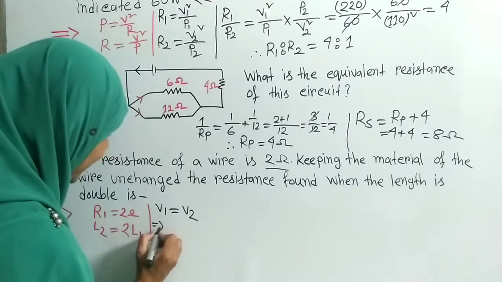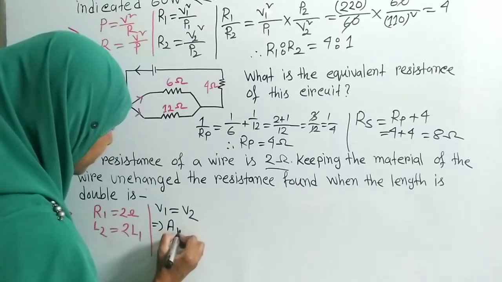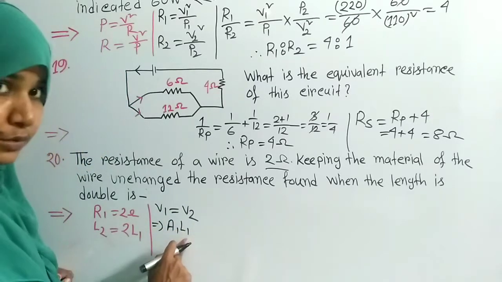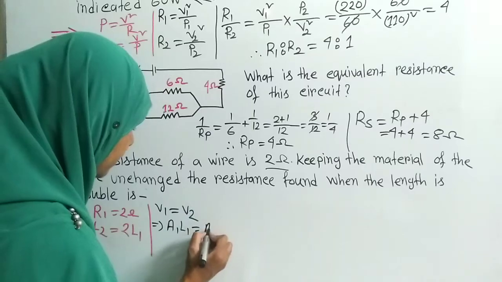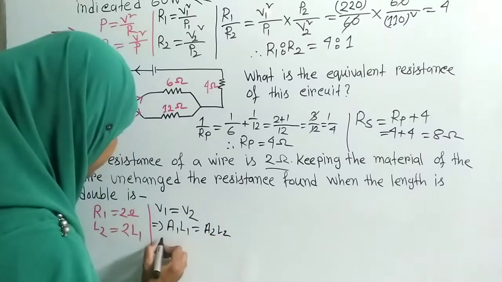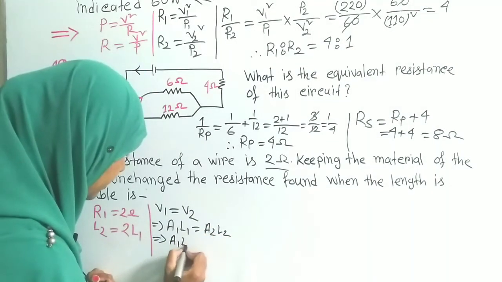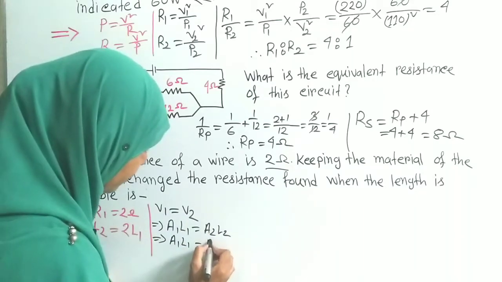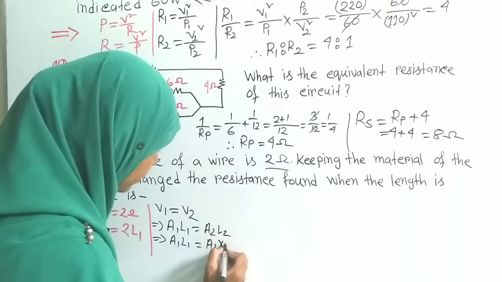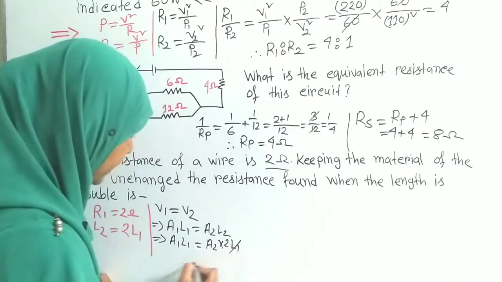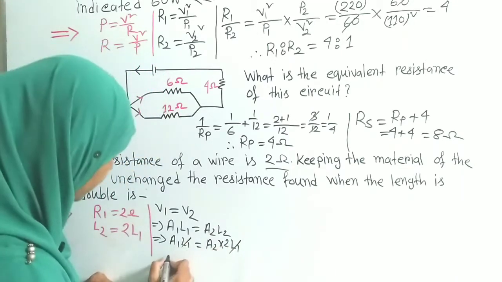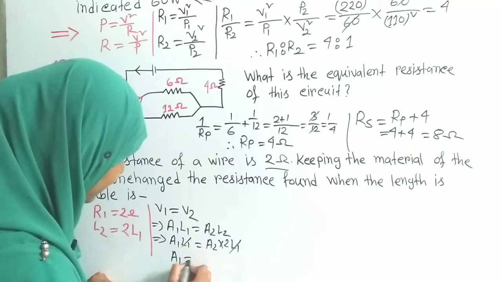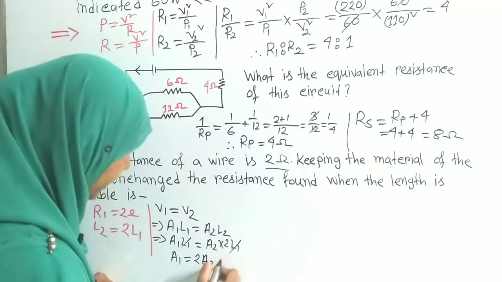So we can write V means A1 L1, area into length, is equal to V2, A2 L2, and L2 is equal to 2L1. So we can write A2 into 2L1. Here L1 and L1 cancel, so the value of A1 is equal to 2A2.